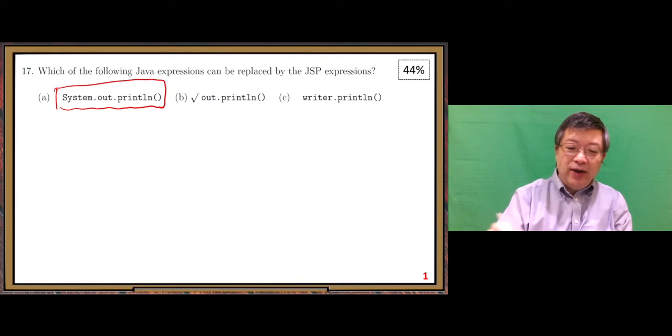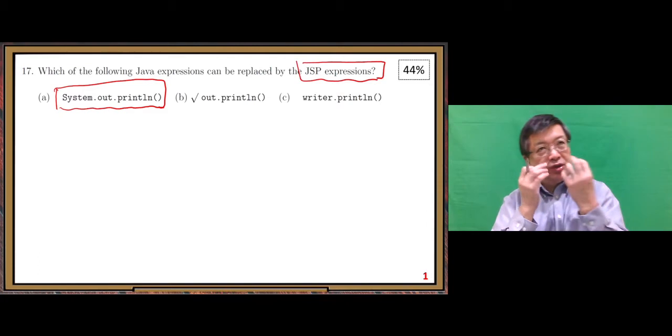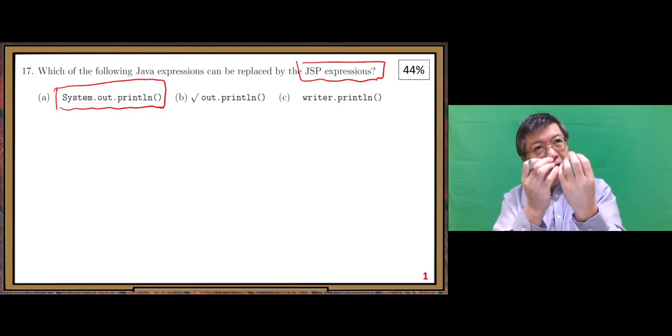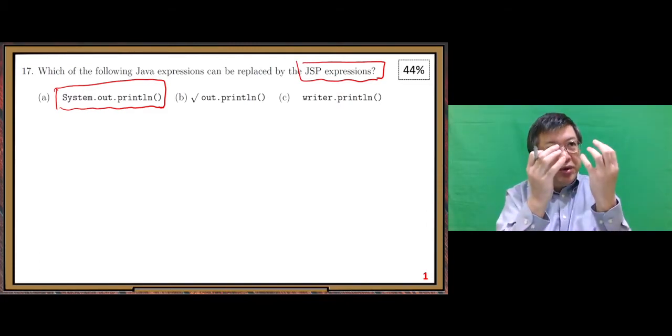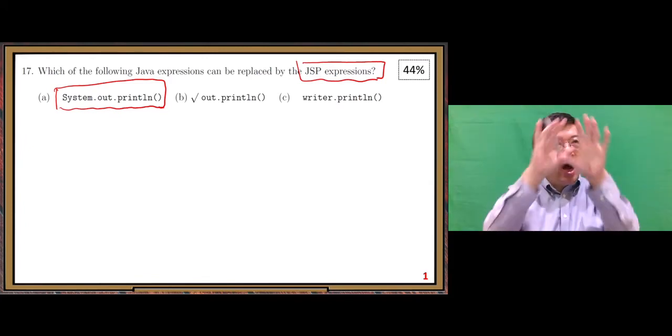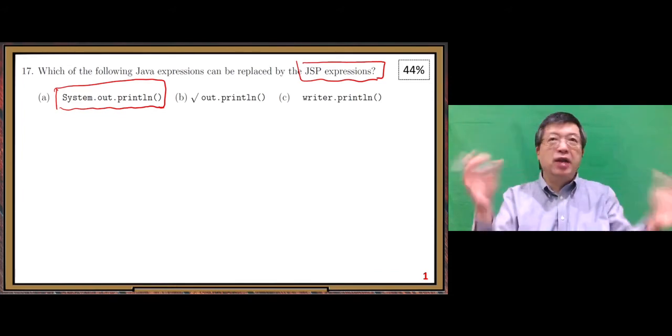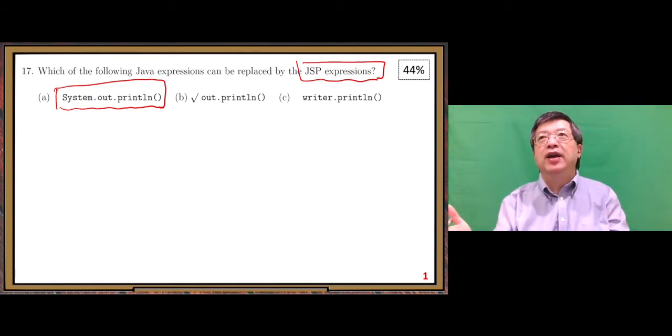But here, replace JSP expressions. When we use JSP expressions to produce output, our users will see the output content on their web page. That's not the console, so they are different things, right?